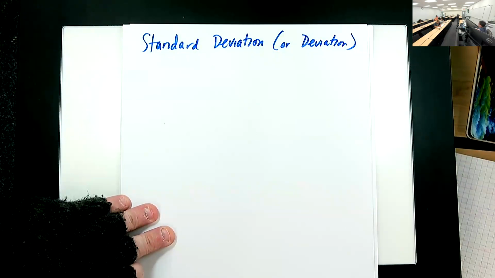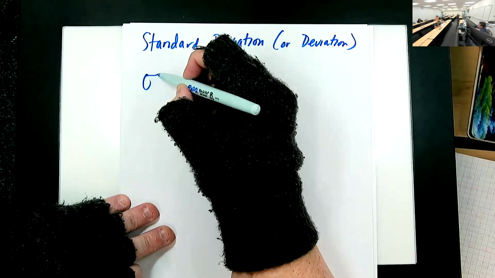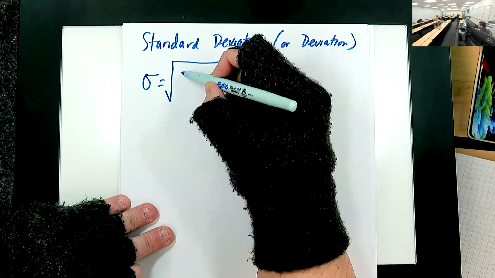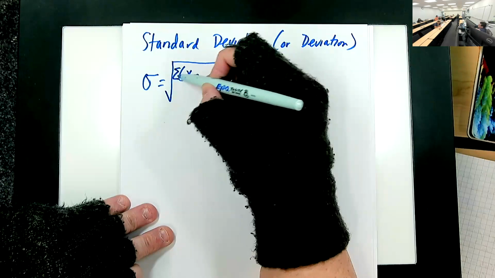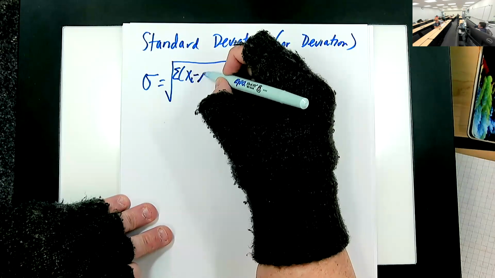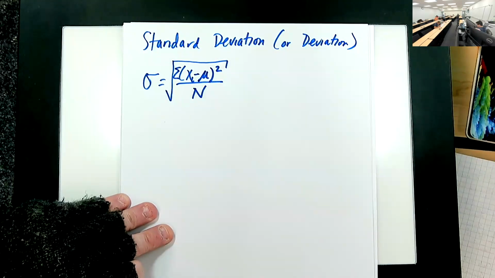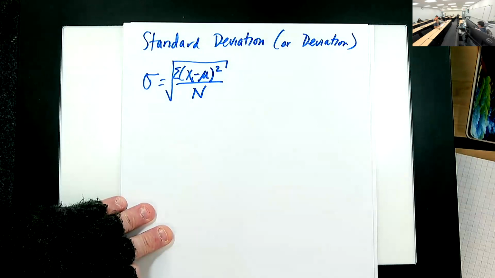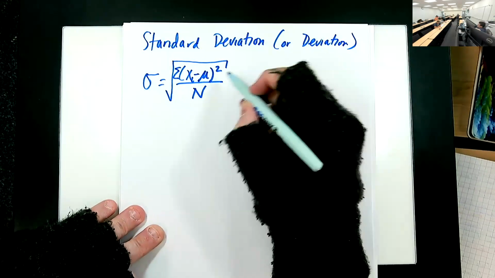It's got some fun formulas. We talked about the symbols already. The population standard deviation is sigma, the square root of the sum of xi minus mu squared, over N. That's for populations.